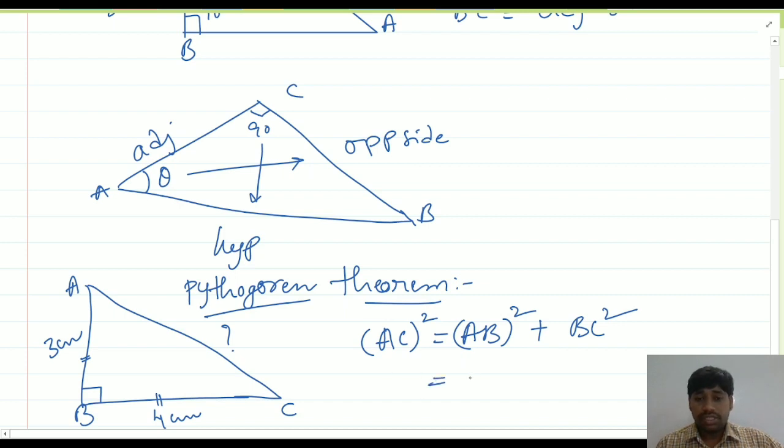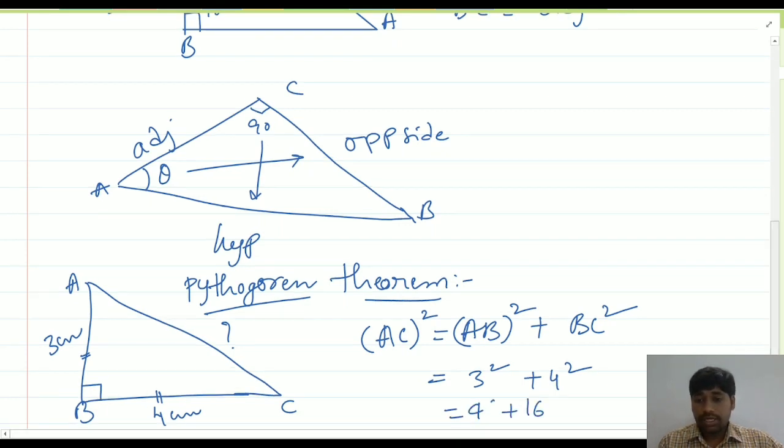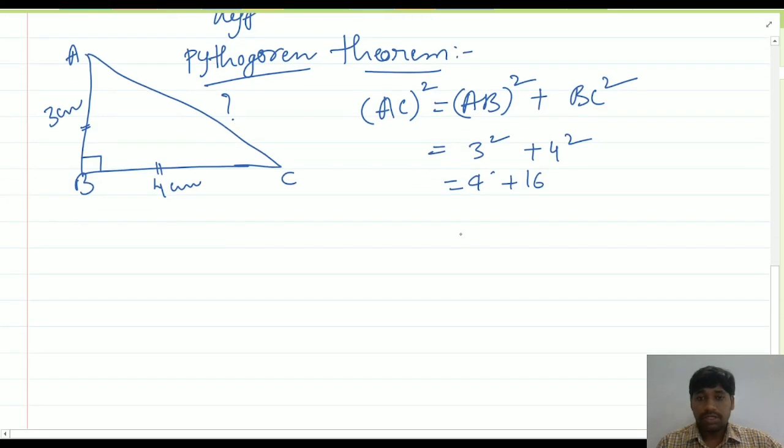So AB is 3 square, BC is 4 square, which is 9 plus 16. Together it is 25. So AC square is 25.